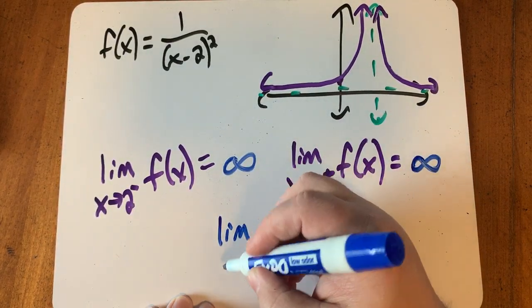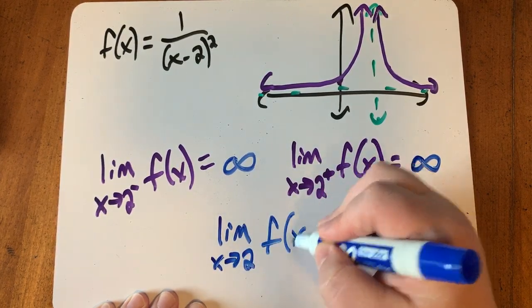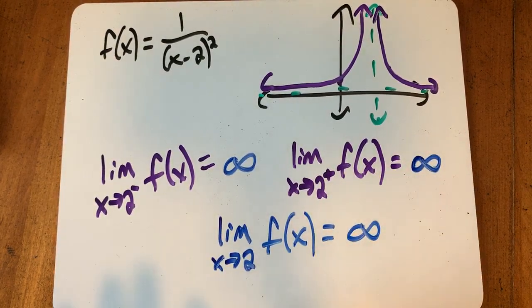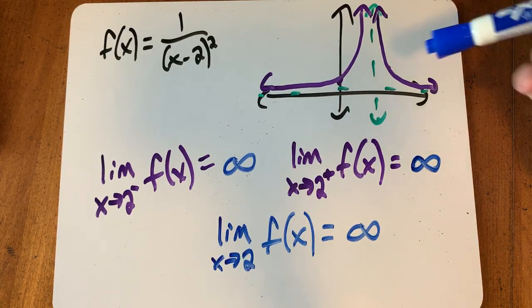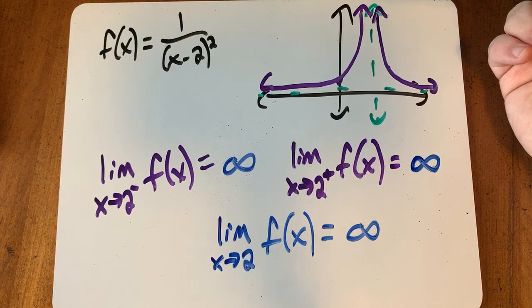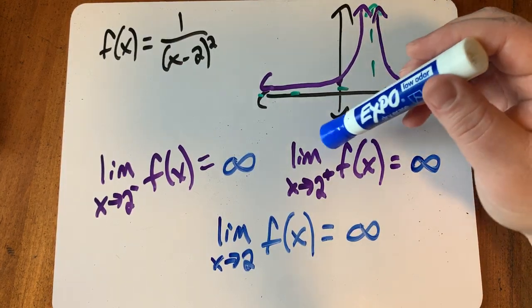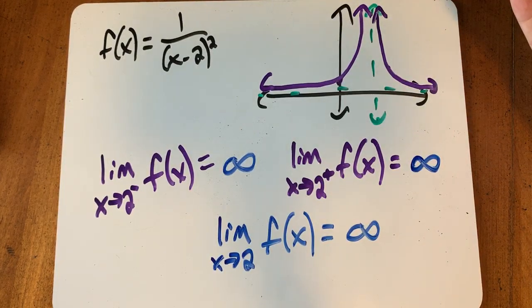But since these approach the same thing, we can say this just for the sake of simplicity, just so we don't have something new to discuss this very specific case. This is a very specific case that comes up frequently when we're talking about behavior at an asymptote. And since we already have limit notation, we've just kind of co-opted it.